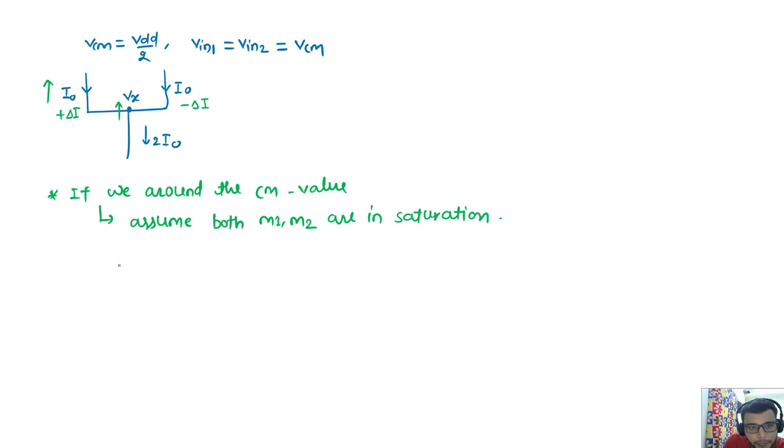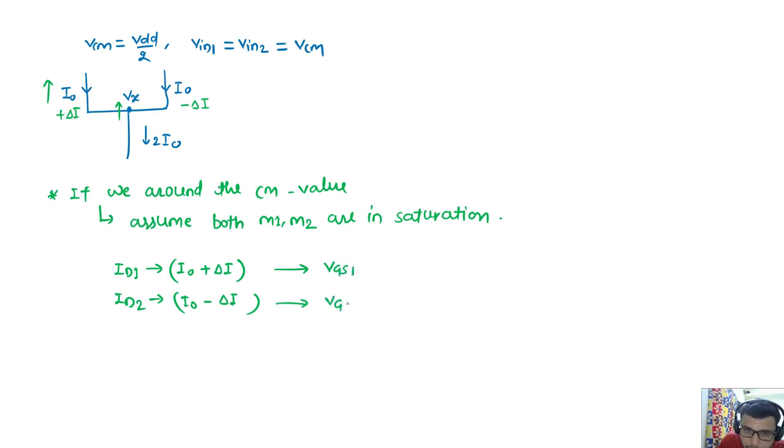If my ID1 is increasing, ID1 goes to I naught plus del I, and ID2 goes to I naught minus del I. So what is happening with VGS1 and VGS2?